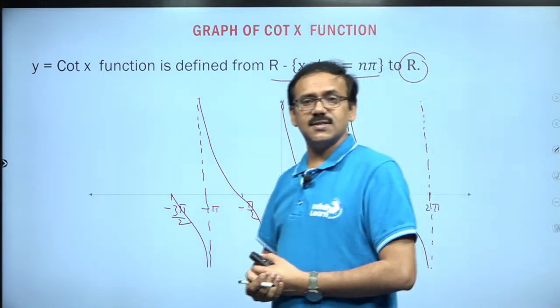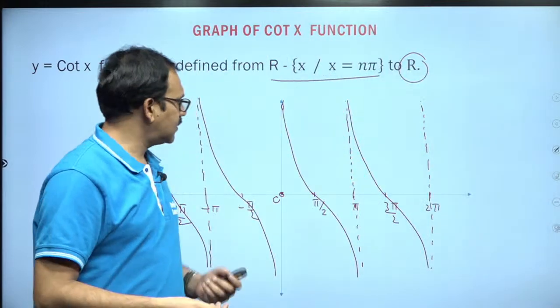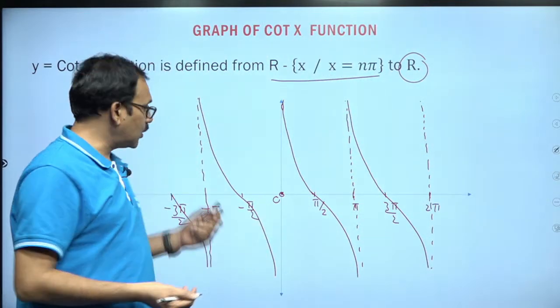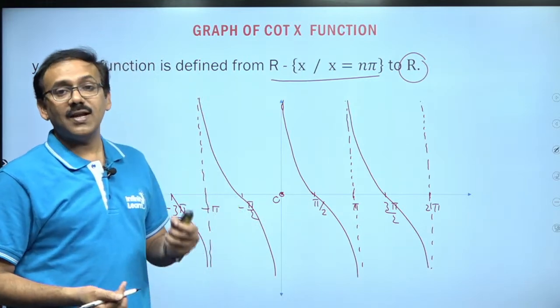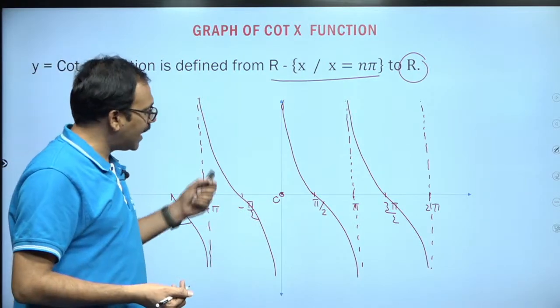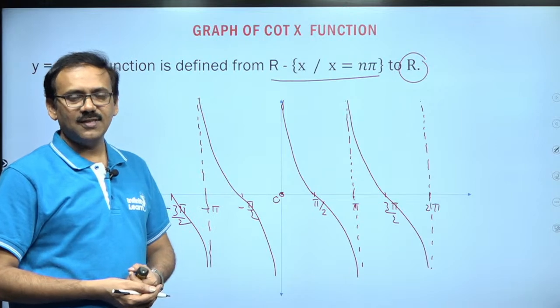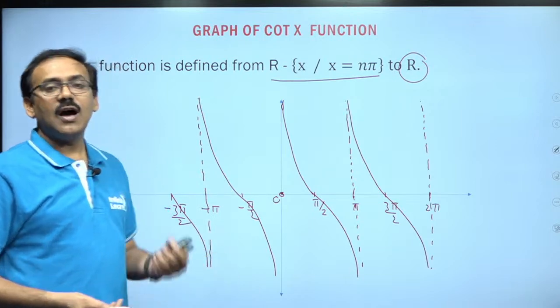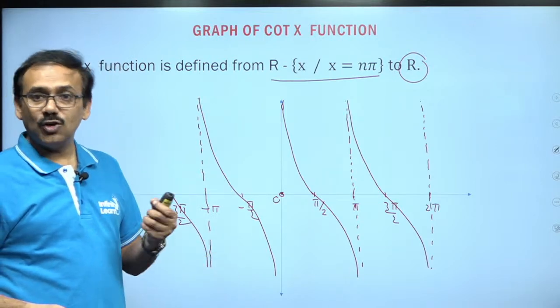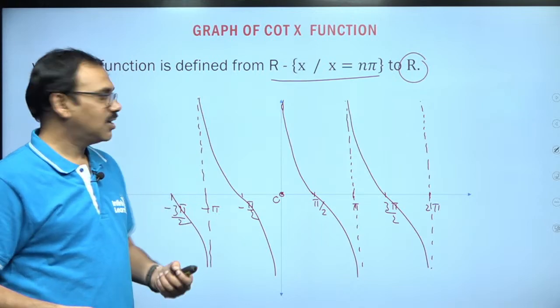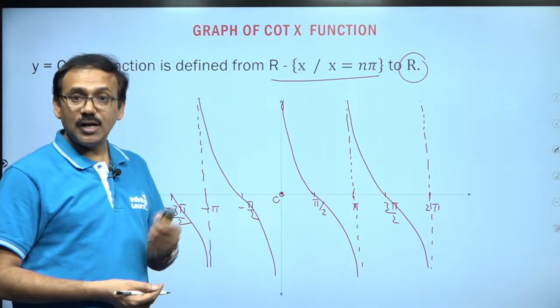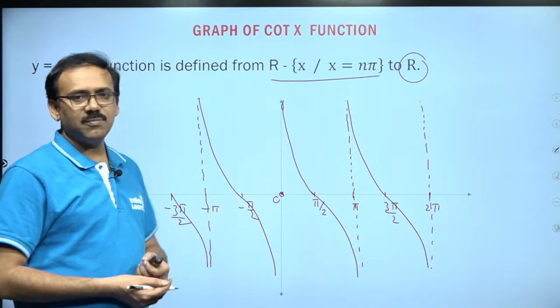After this, I can say that this function is continuous in its domain, whereas discontinuous at n pi. Okay. So, from this graph I could answer domain, range as well as continuity, of course differentiability.